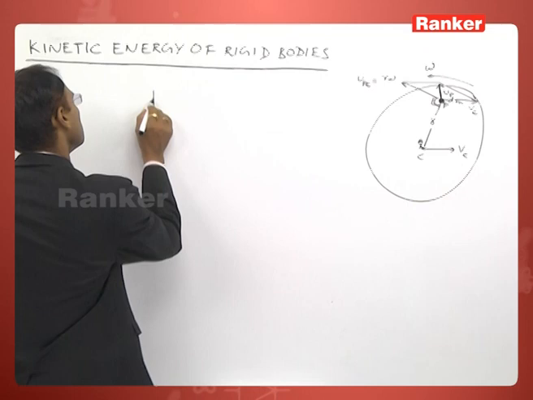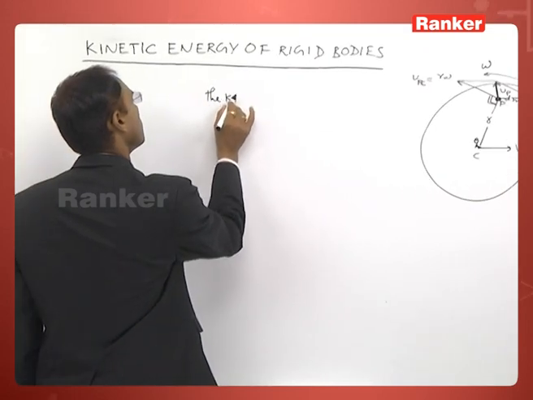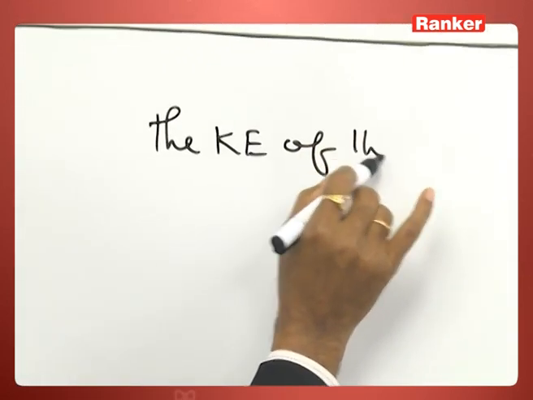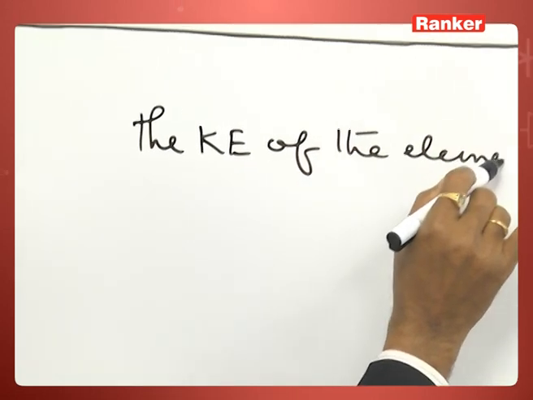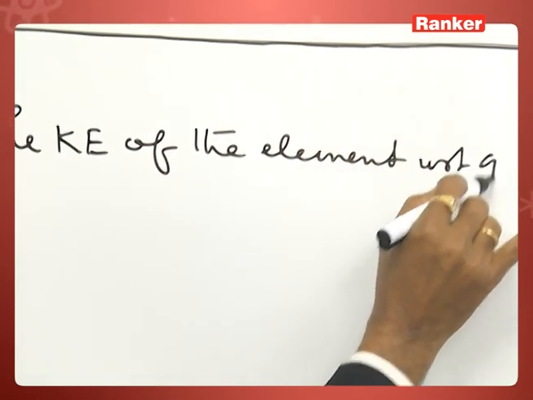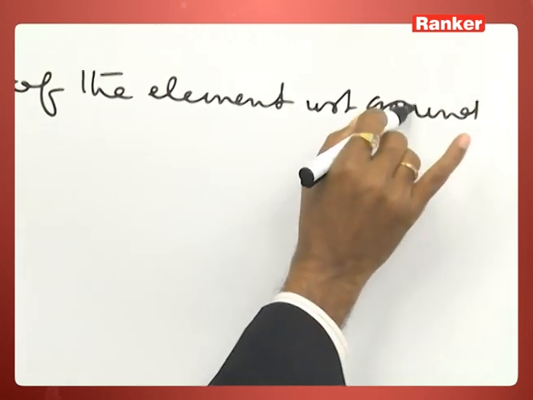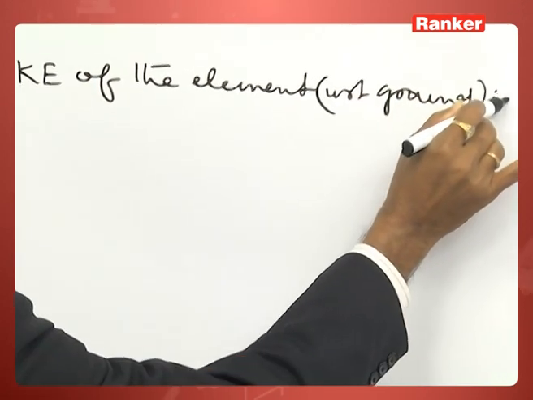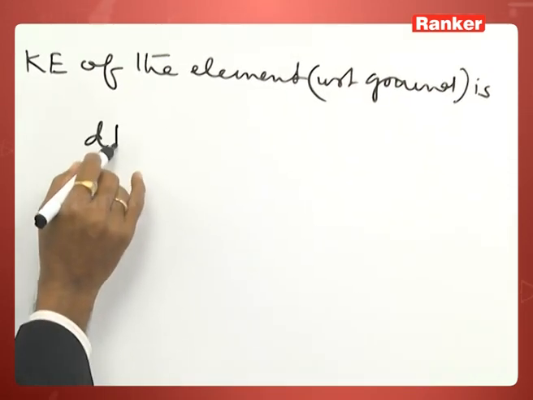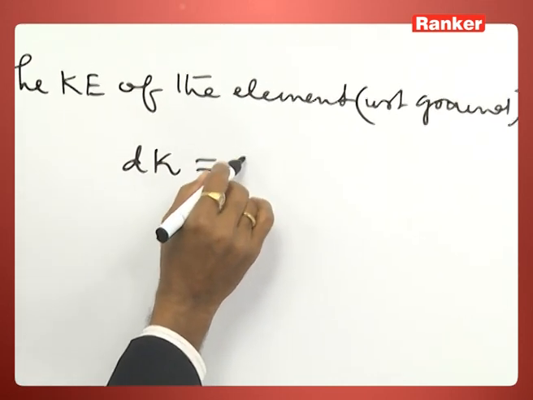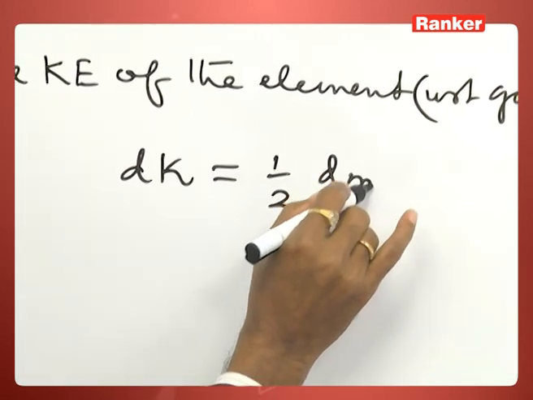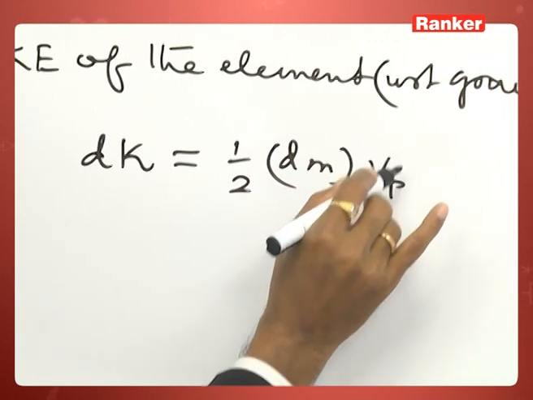So, the kinetic energy of the element with respect to ground is dK equal to half its mass into its velocity squared.